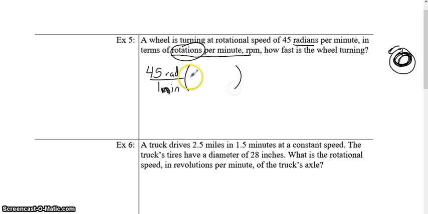It's just a conversion. Now this is the way I write the conversions. So let's see, there were 2 pi radians in 1 revolution.